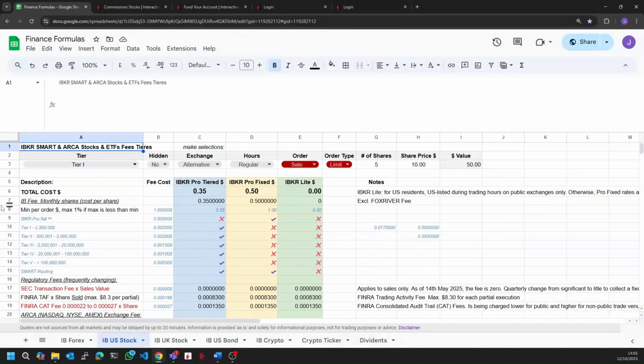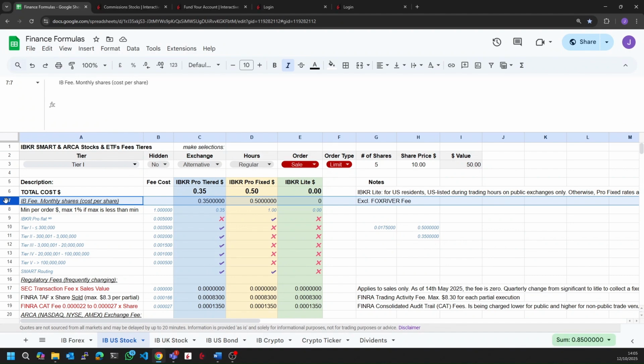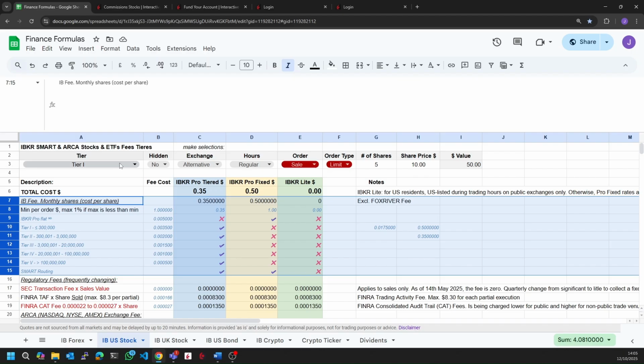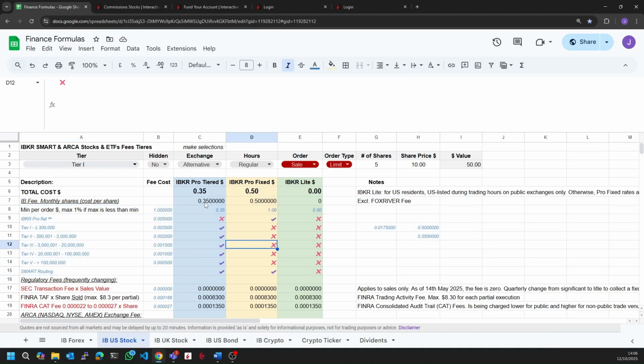Okay, Interactive Brokers' part of the fees is here. This is what you would pay to Interactive Brokers with different tiers, and the settings of your order are above here. So you select your tier and what type of order it is. And here is the fee structure with minimum fees, and then it depends on your volume.